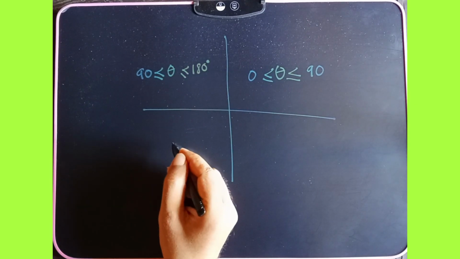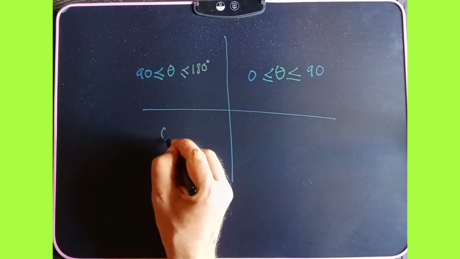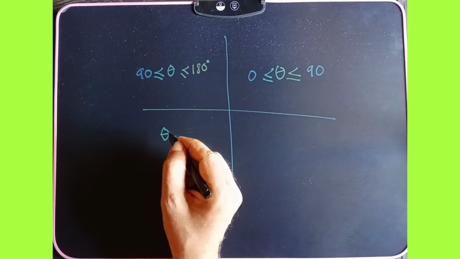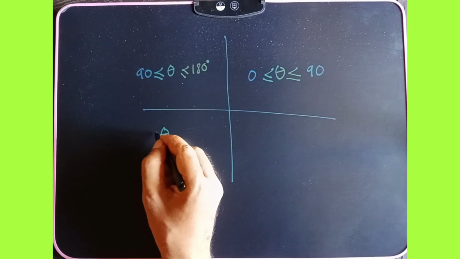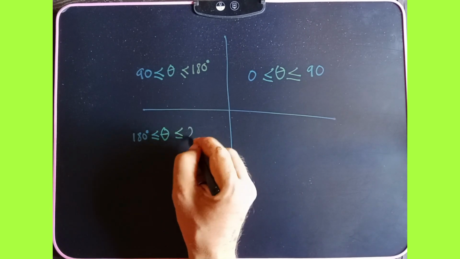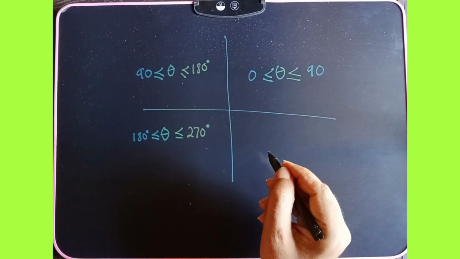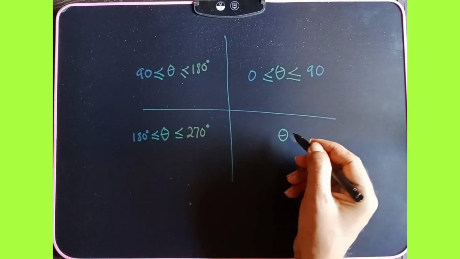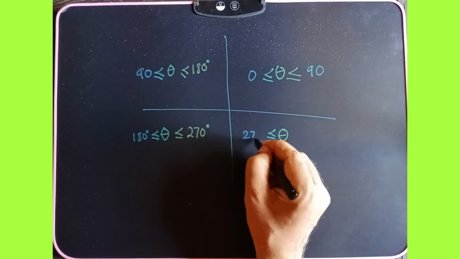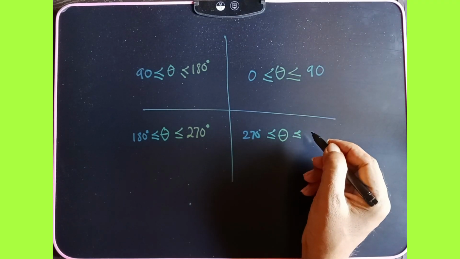In this quadrant, what will theta be? In this quadrant theta will be greater than 180 degrees but less than or equal to 270 degrees. Am I right? And then in this quadrant theta will be greater than or equal to 270 degrees and less than or equal to, will you write 0 degrees or 360?